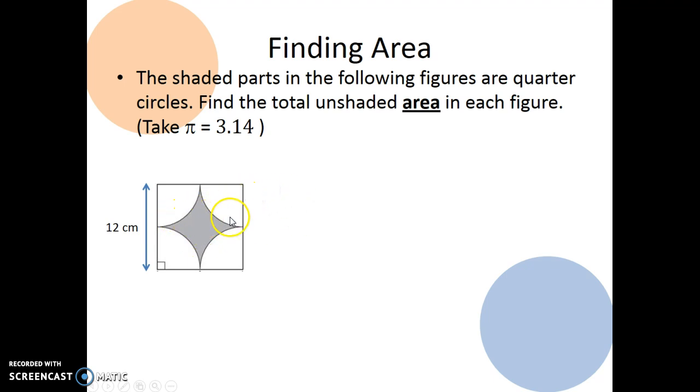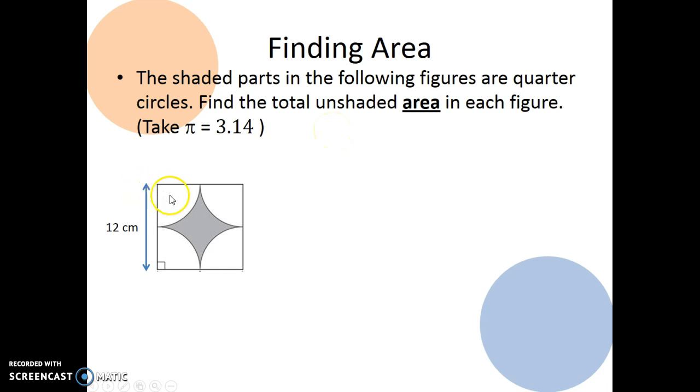And in my PowerPoint, the inside is shaded. So sorry about that, I didn't notice that, but we are actually going to find the area for all of these quarter circles over here. It does say find the total unshaded area in each figure on my PowerPoint, but it says shaded area. But anyways, let's proceed.